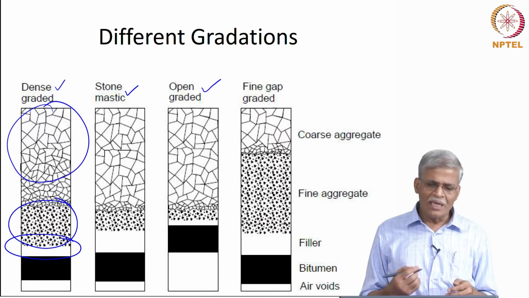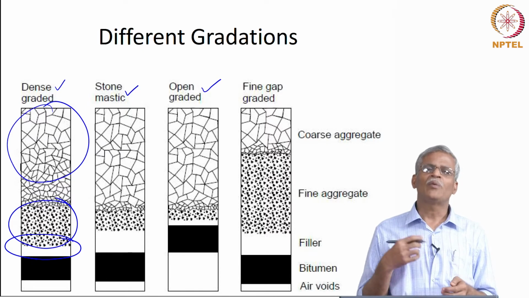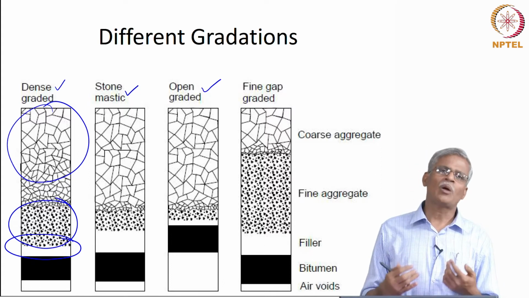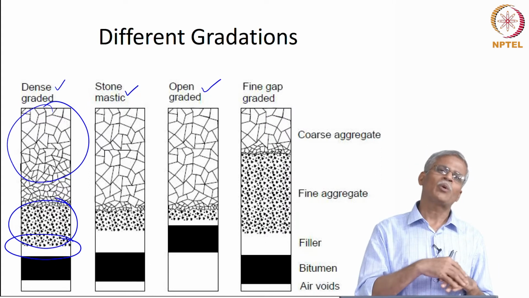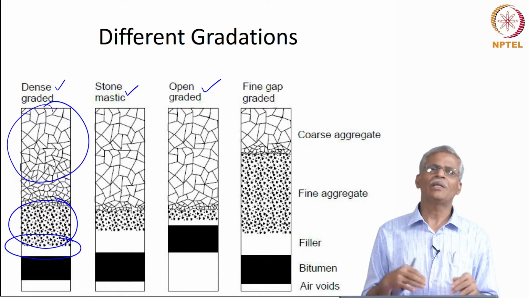Okay. And in bituminous mixtures, what will normally happen, the filler and the bitumen will get mixed together, what we really call as the mastic, and we are talking about the mastic not only providing a coating on the aggregate surfaces, but also filling up the interstices.